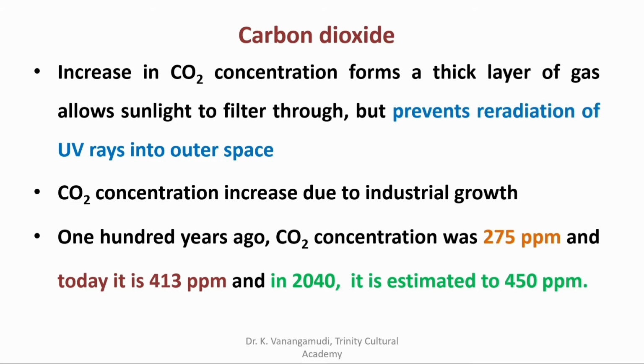That's why it is called the greenhouse effect. Increase in carbon dioxide concentration is due to industrial growth. Regarding the carbon dioxide scenario, it was 275 ppm 100 years ago and now it is 413 ppm, which may increase to 450 ppm in the year 2040.